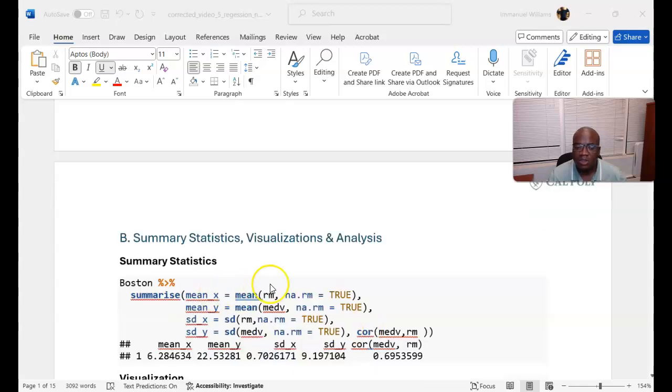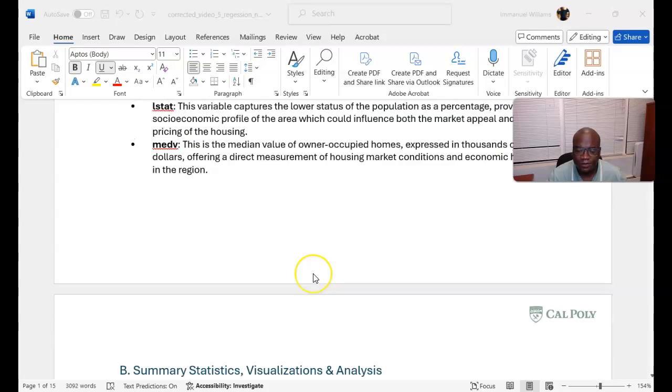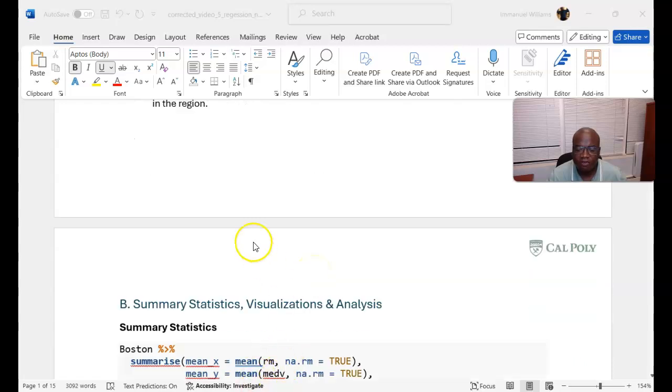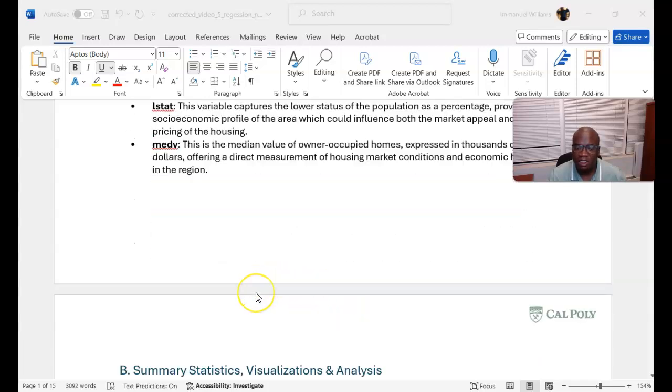Okay, so here, the average number of rooms per dwelling and the median value. So MEDV is the median, not income, median value of owner-occupied homes. So it's the value of the home, expressed in thousands of dollars.